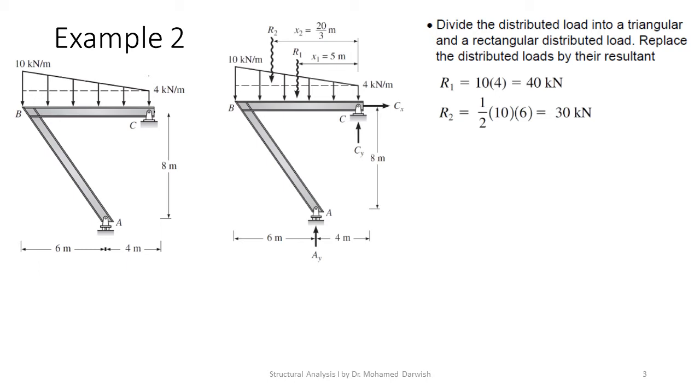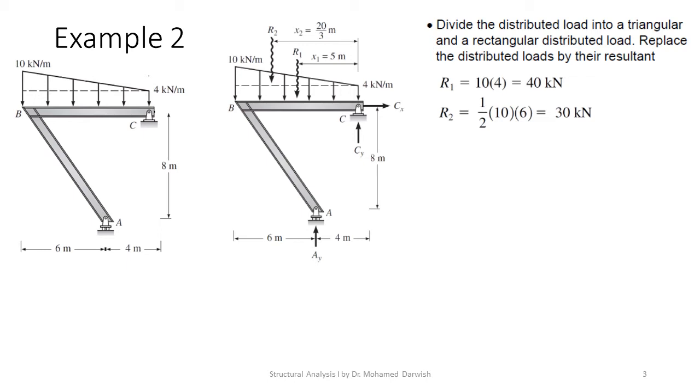So of course you need to get the equivalent of this trapezoidal load, so you will divide it into a rectangle 4 kN per meter and a triangle.